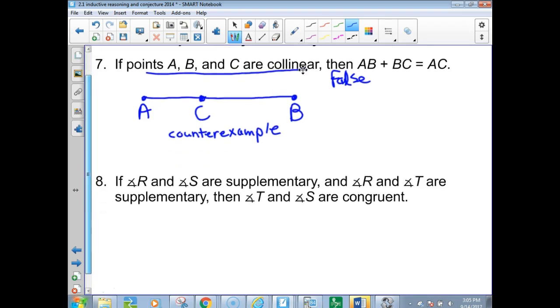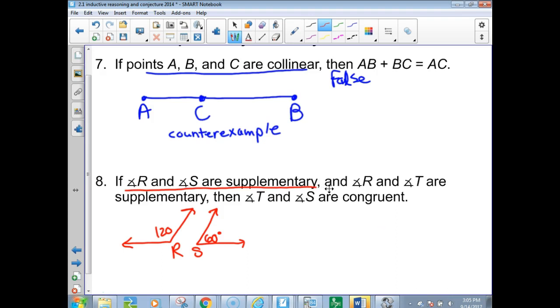Okay, the next one. If angle R and angle S are supplementary. Okay, so I'm going to make an angle R. I'm going to say that it's 120. And then I'm going to make an angle S so that they're supplementary, which would make angle S have to be 60. So right now I have done the if part.